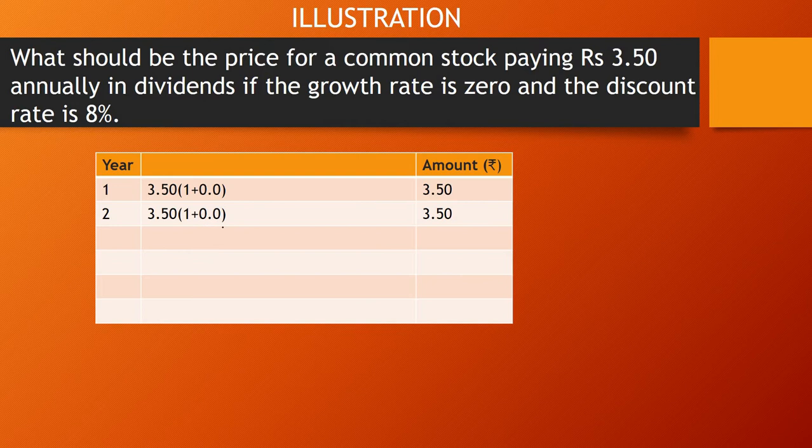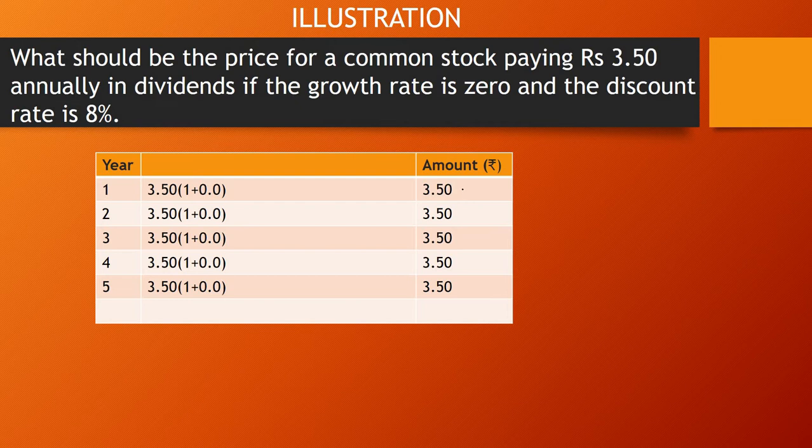Now let's go in a similar way and calculate the dividend for year 3, year 4, year 5 and so on. If I calculate the dividend of every year and the growth rate is 0, I am going to get the same dividend throughout. So I can say I am getting a constant dividend.